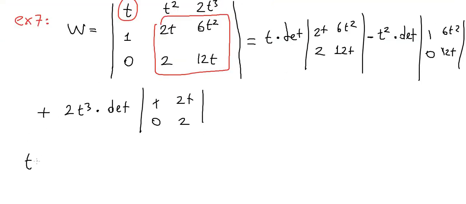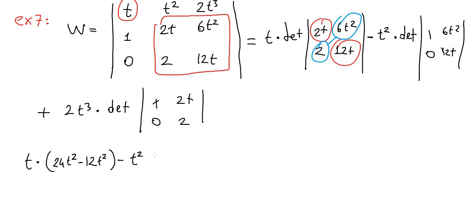So t times the determinant of this is 2t times 12t minus 2 times 6t squared. So 2t times 12t is 24t squared minus 2 times 6t squared will be 12t squared.